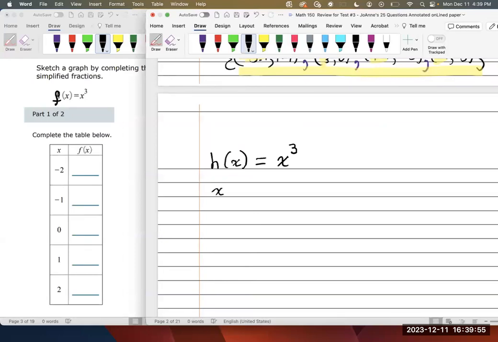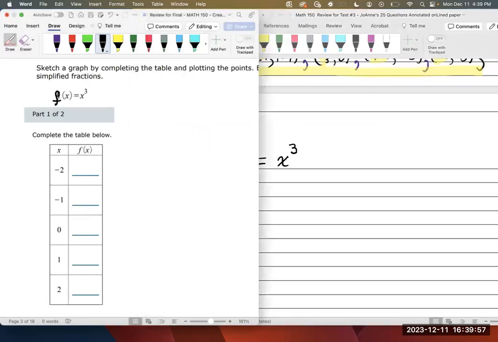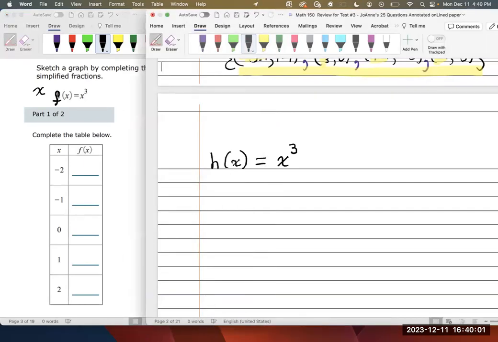So then if my x is given, if x is -2, then h of -2 is written like this.